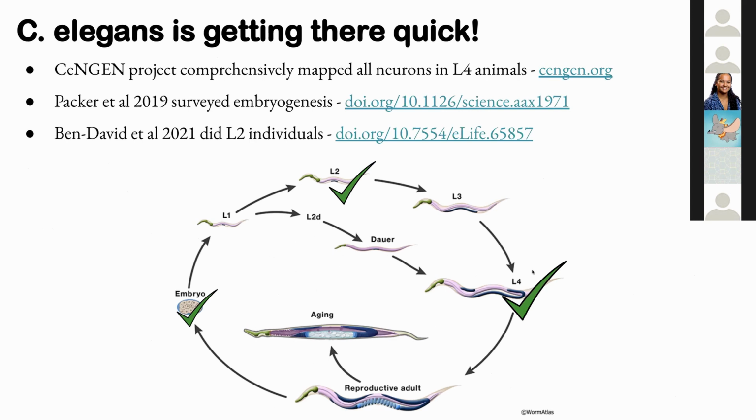And I put a green check mark for the life stages for which I consider that the data that's out there is really good. And so about half of the fundamental biological states of C. elegans have been surveyed with single cell.